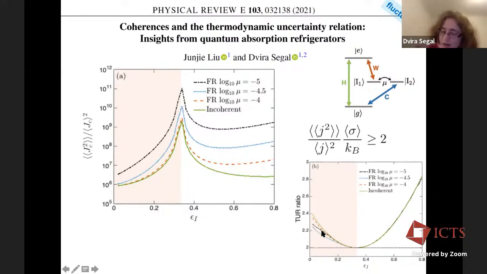They collapsed onto one another, showing that whether or not you have coherences in the system, this trade-off relation still brings about the same result. So this is quite intriguing. We were still surprised by it, but maybe we'll go back to it. It was published about last year, and try to analytically see what could be the origin of this effect.